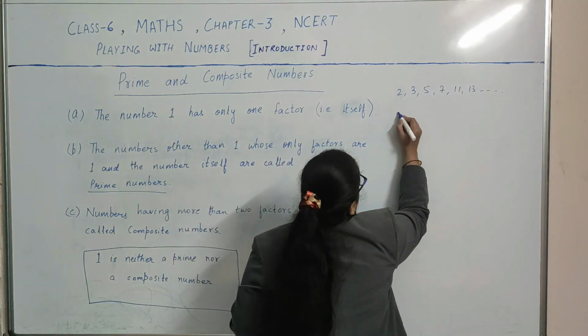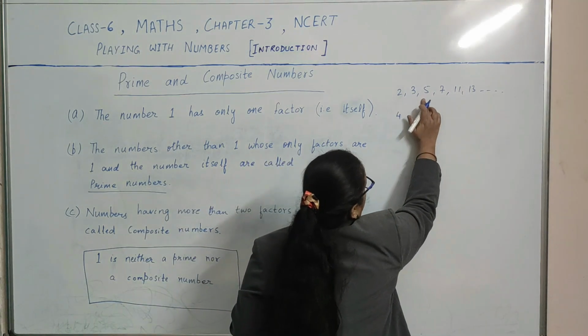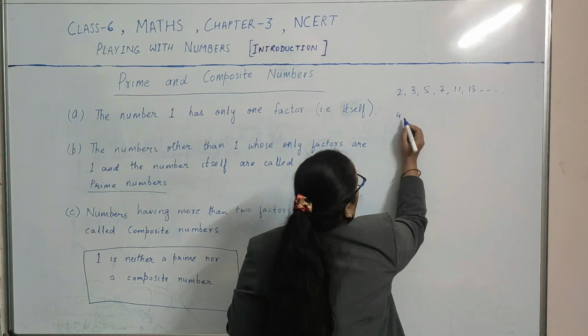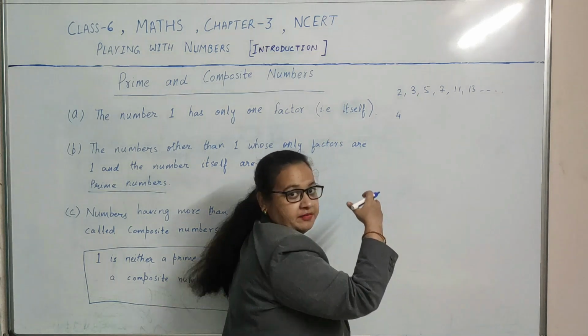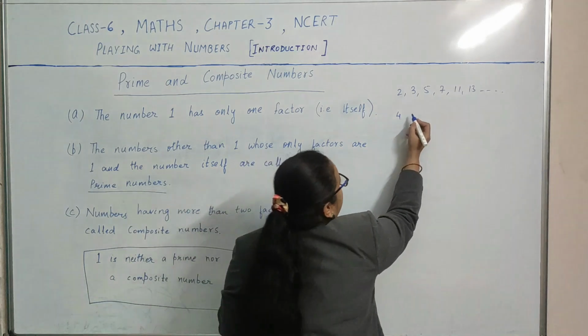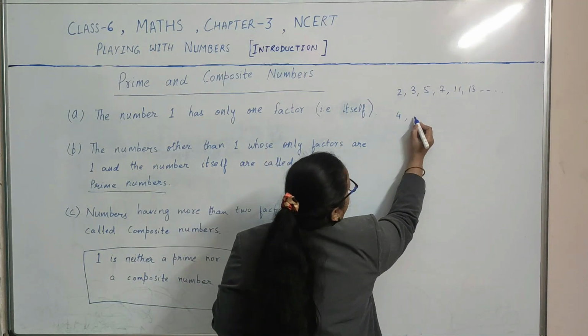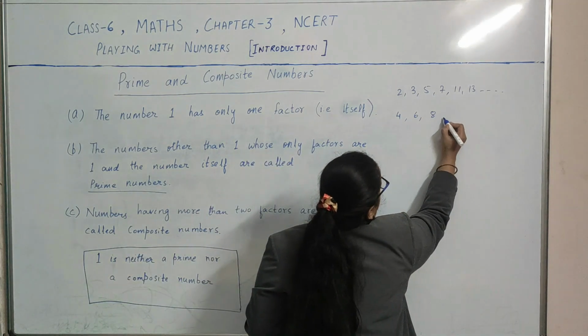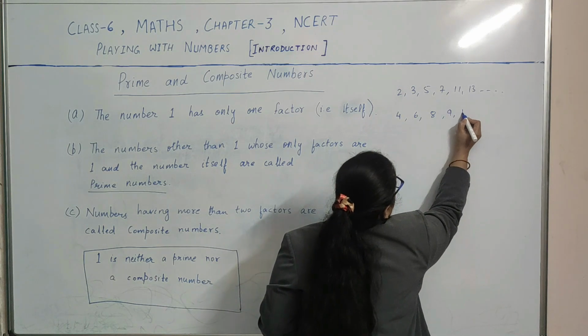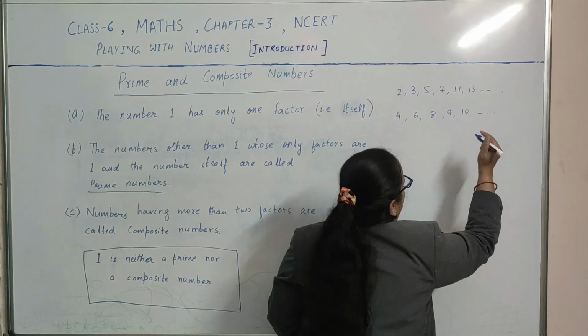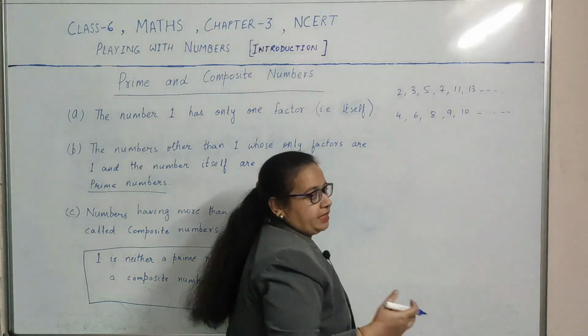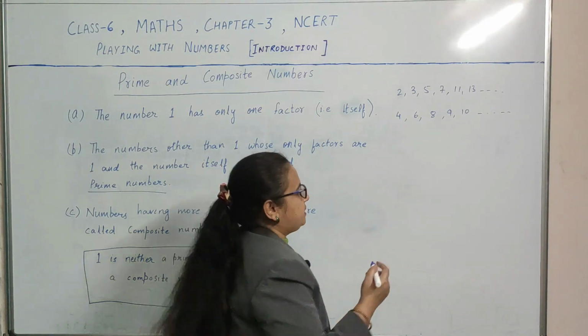The prime numbers start with 2, and the composite numbers start with 4, 6, 8, 9, 10 and so on. You can find other composite numbers also.